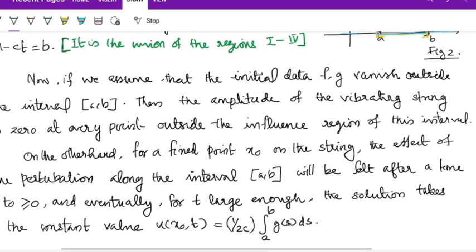For t large, the solution takes the constant value u(x0, t) equal to 1 by 2c integral from a to b of g(s) ds.